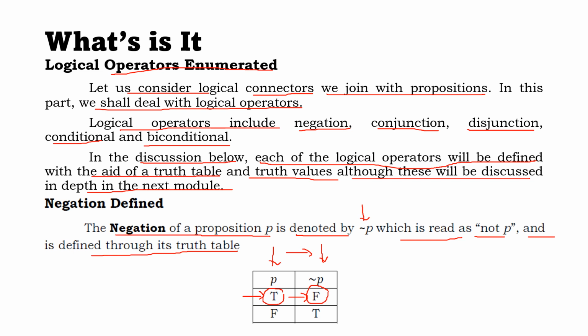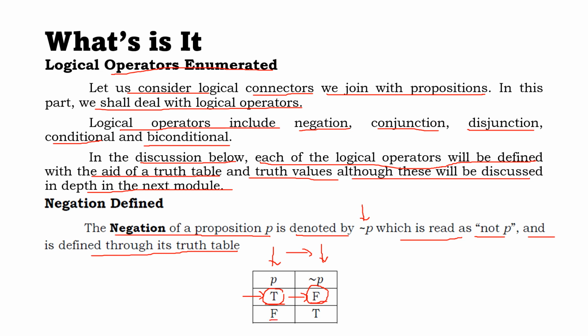If the truth value of P is true, then the negation of P is false.